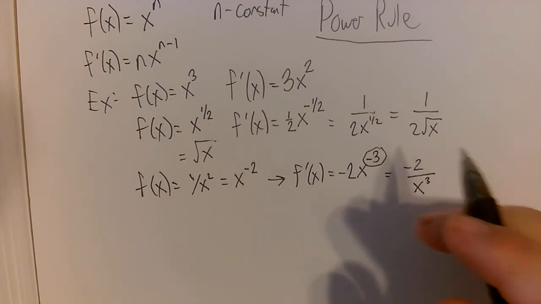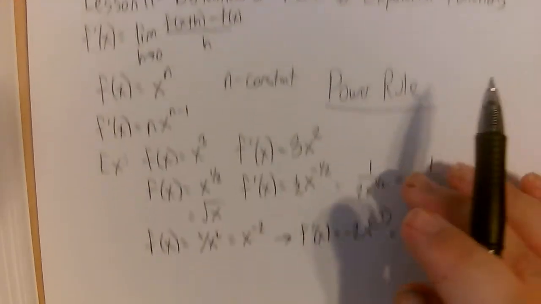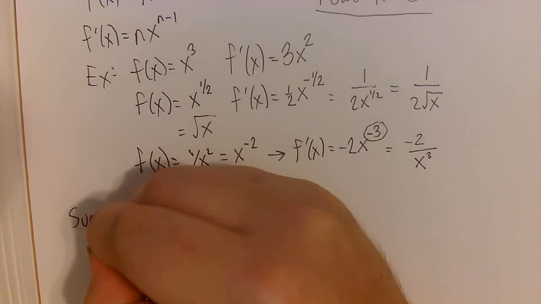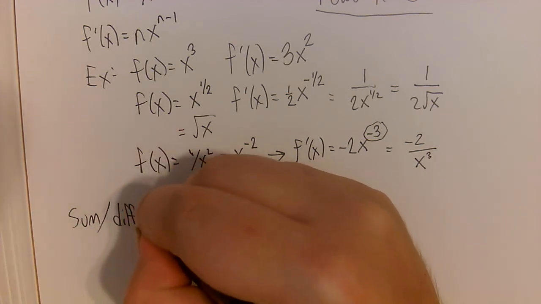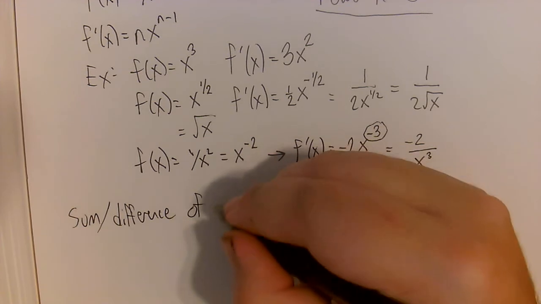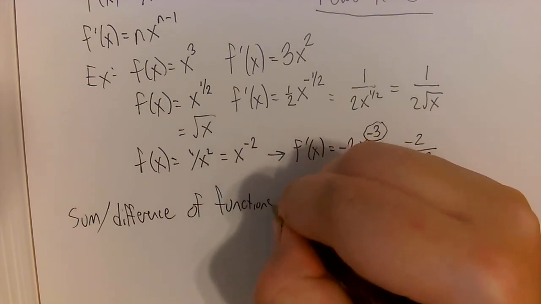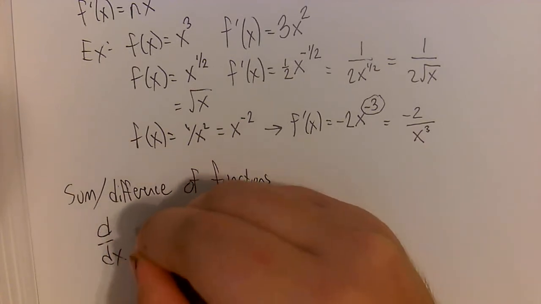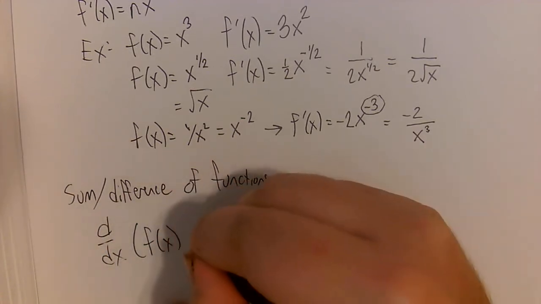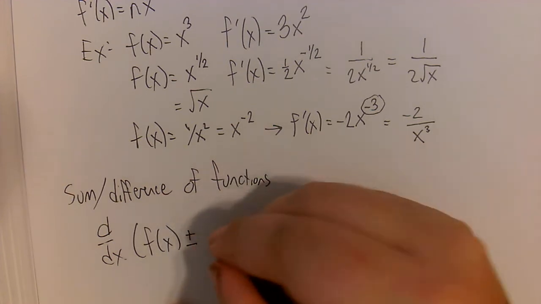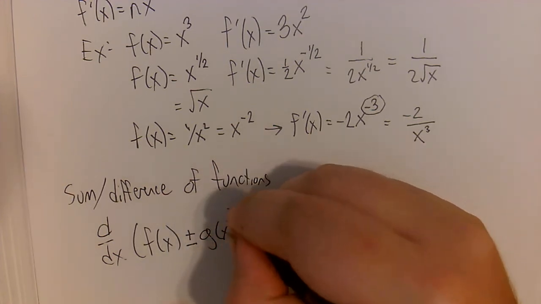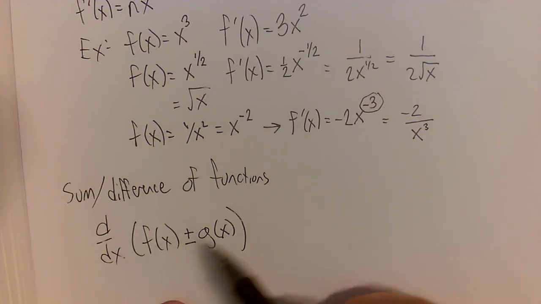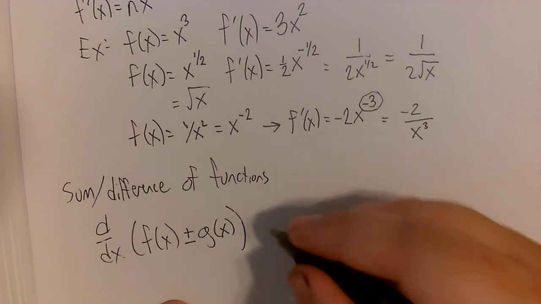All right, now I want to talk about some other rules before we move on to derivatives of exponential functions. So let's talk about the sum or difference of functions. So let's say that we want to take the derivative of two functions, and they're either added or subtracted together. It doesn't really matter which. Then what we can do is we can do the derivative of each one of them separately.